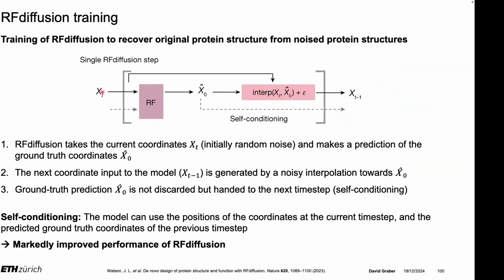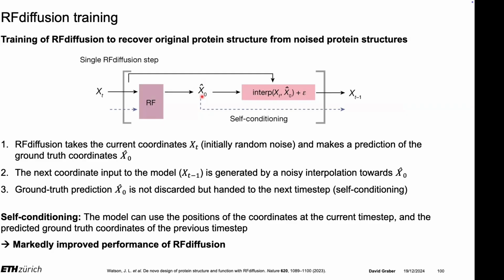And it always takes the current coordinates of these frames, of these triangles and their orientations, and then always directly makes a prediction for the ground truth structure of this protein, at this x0 hat here. So it always predicts from the coordinates it gets the structure of the protein that it thinks is most likely.